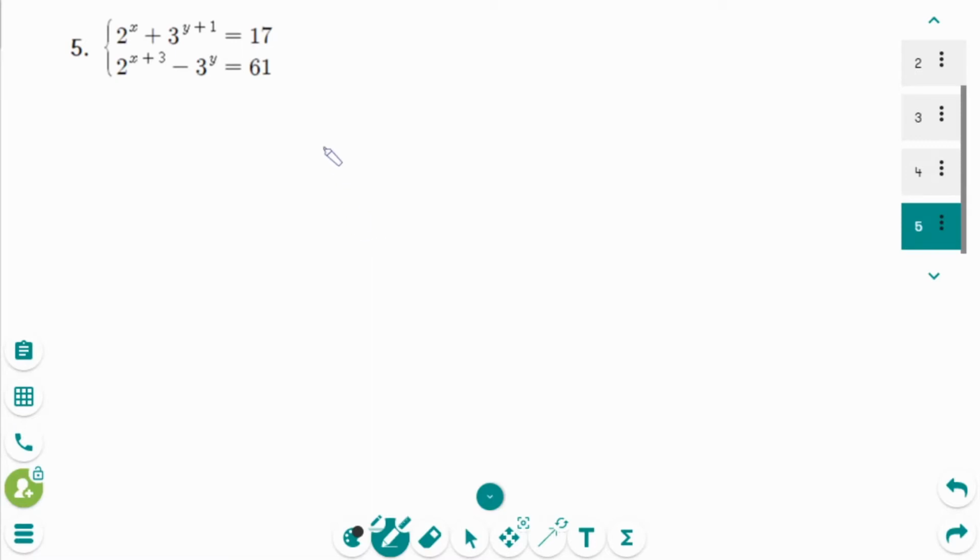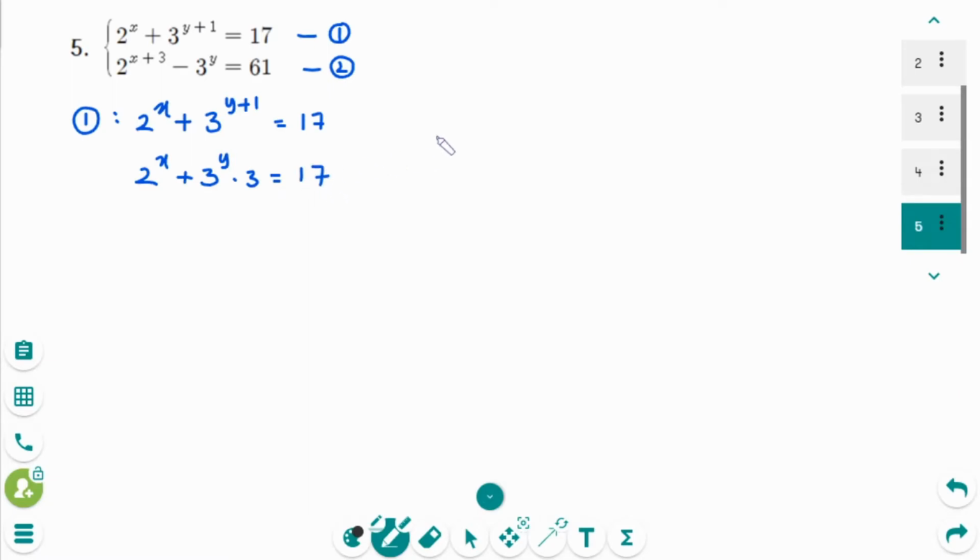Number 5. Let this equation be number 1 and number 2. In number 1, 2 to the power of x plus 3 to the power of y plus 1 equals 17. 2 to the power of x plus 3 to the power of y times 3 equals 17. Use the substitution. Let 2 to the power of x be a, 3 to the power of y be b. So a plus 3b equals 17.